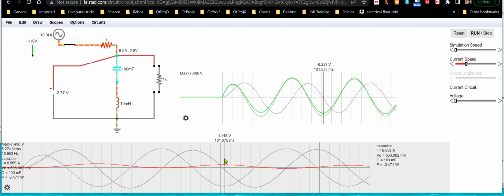Here's the current, they still have a common current waveform, but here's the voltage across the capacitor, which is way lower, but still 180 degrees out of phase with the voltage across the inductor, and 90 degrees out of phase with the current. So it doesn't matter that they're different values, it's just that the voltage levels are going to look different.